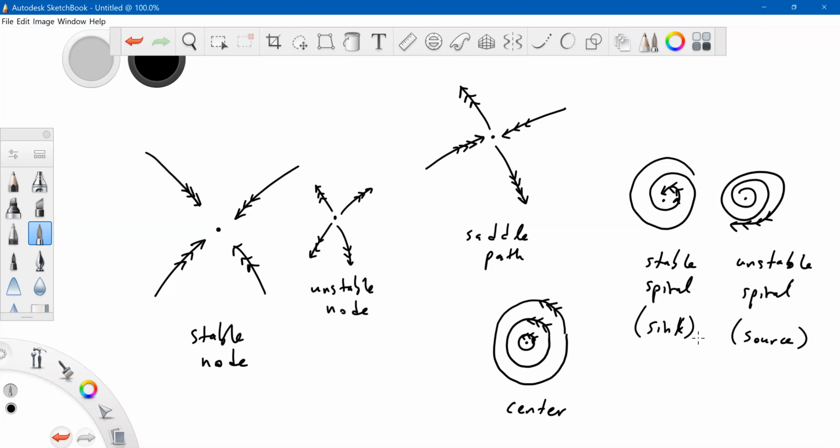Any questions about this? Again, this material is directly from your textbook.